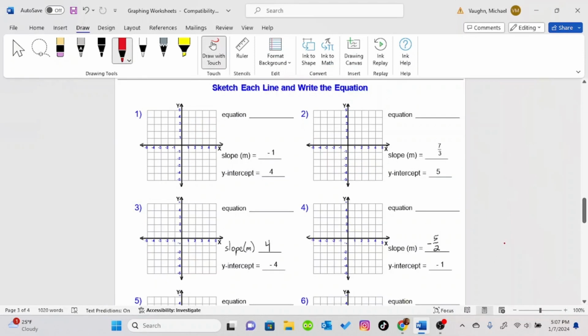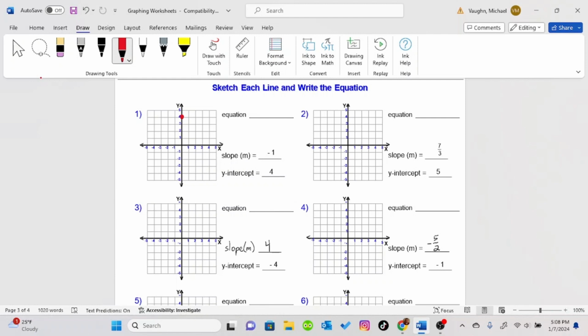Page 3. Sketch each line and write the equation. So, we know that our y-intercept is at 4, which means putting the point at 4 on the y-axis. Our slope is -1.